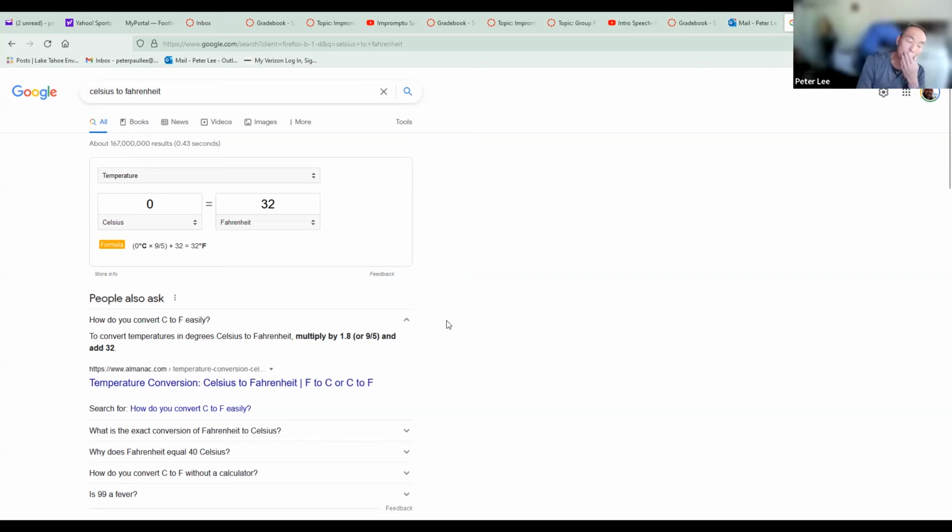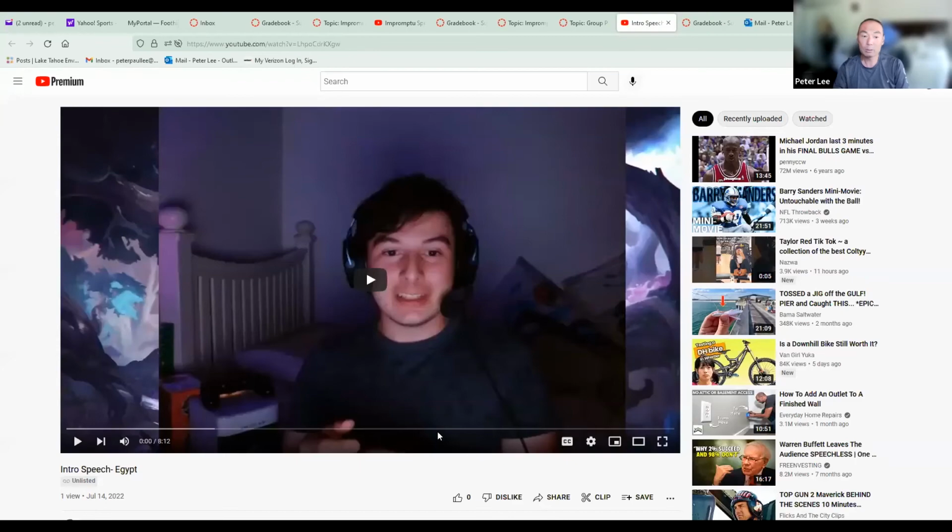So 1.8 times 40 is 72, add 32, 104 degrees. That's freaking hot in England. I'm telling you, I've actually lived in England for a while. That's insane. I bet you nobody has air conditioning in England, like anywhere. So yeah, they're not prepared for this kind of crazy weather.